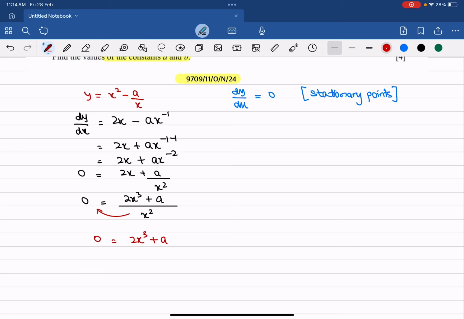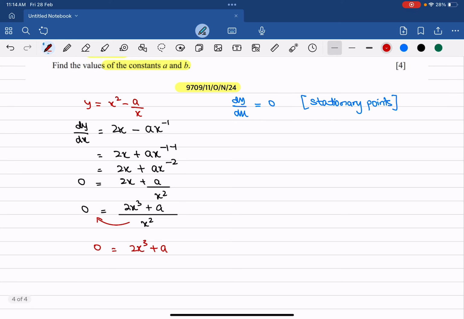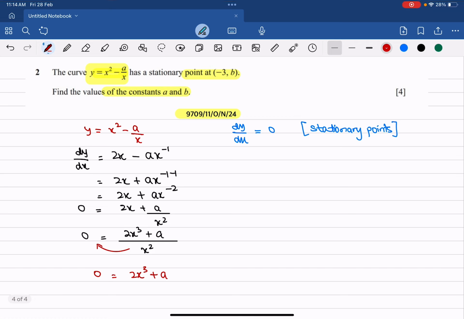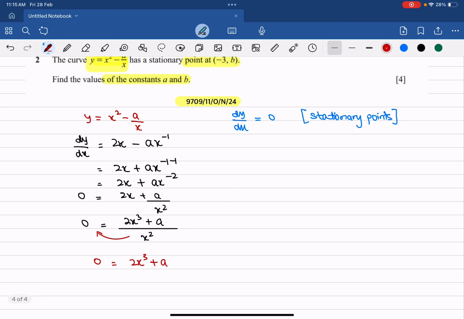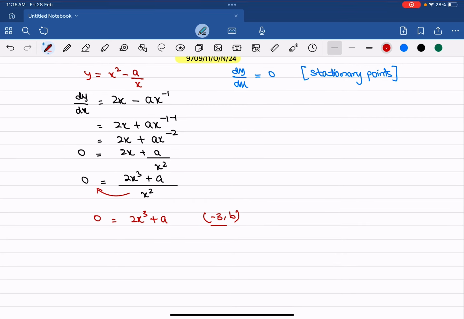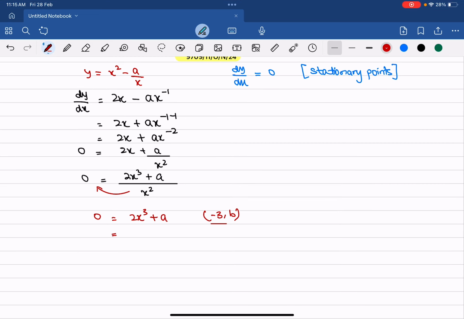If you have read the question very carefully, you see that you are given the stationary point in the form of an x coordinate and a y coordinate. The x coordinate is already given in the question, which is minus 3. You simply substitute this value into the equation to find the unknown value of a.